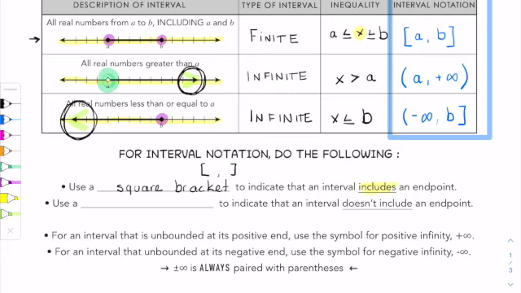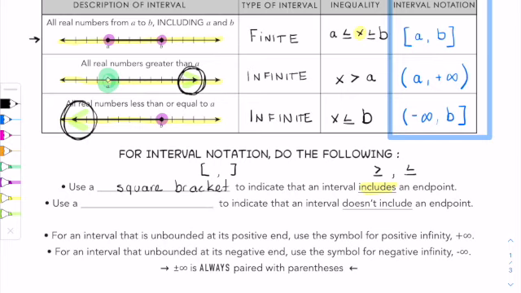So includes would be a closed circle. Take a look at the first example we went over in the chart above. So if it includes an endpoint and you were to write it as an inequality, you would write it as greater than or equal to, less than or equal to.